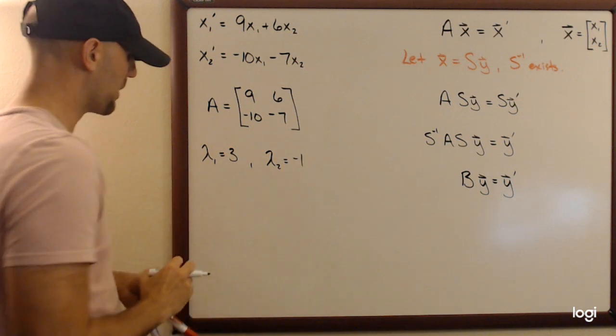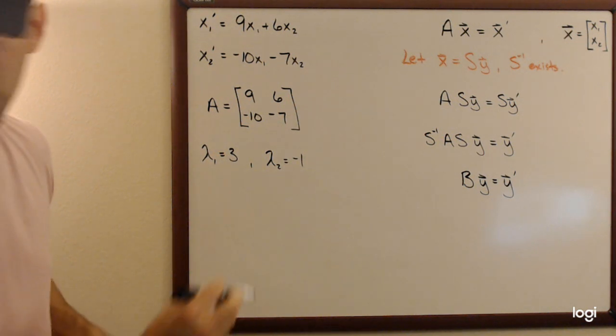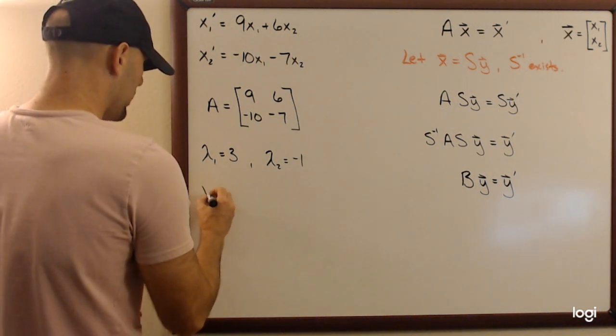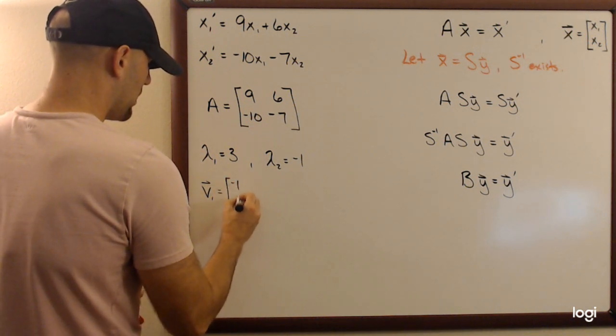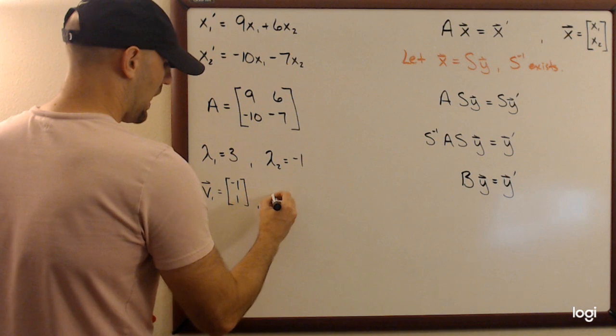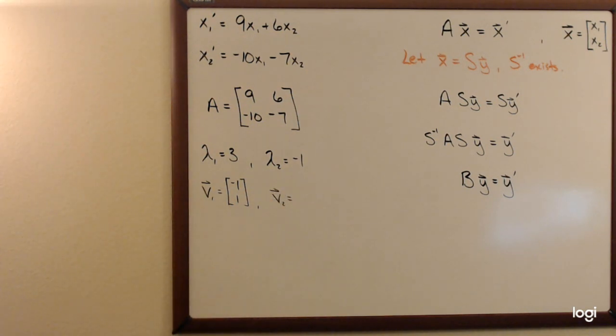And my eigenvectors are, for 3, it's -1, 1. For -1, my second eigenvalue, it is -3, 5.